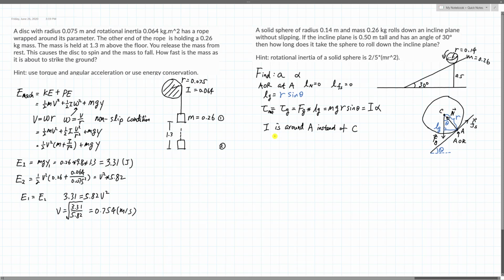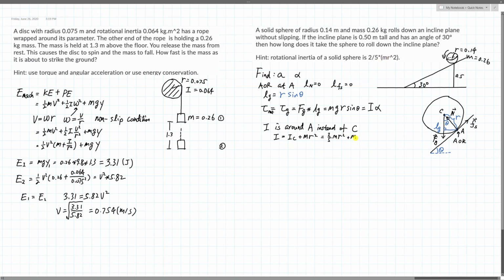The way to calculate this rotational inertia is to take the rotational inertia around C, plus the total mass times how far apart they are, r, squared. This quantity is 2/5 mr squared, as in the hint.